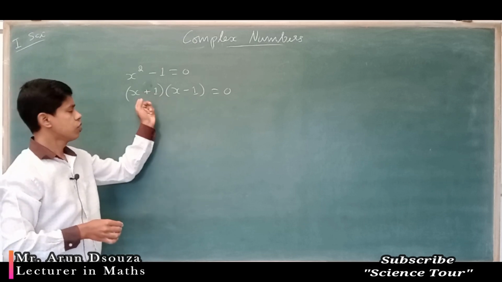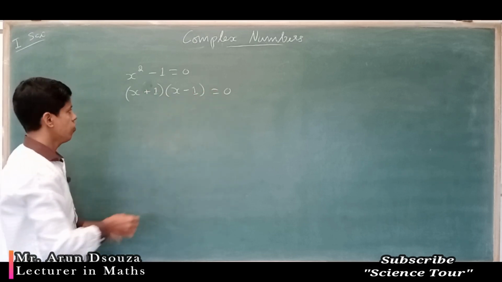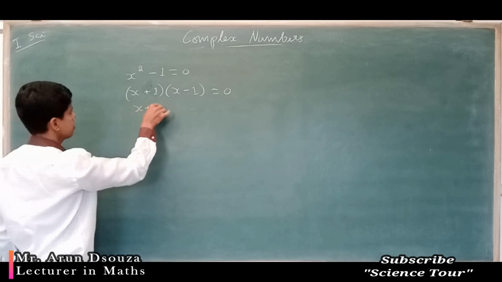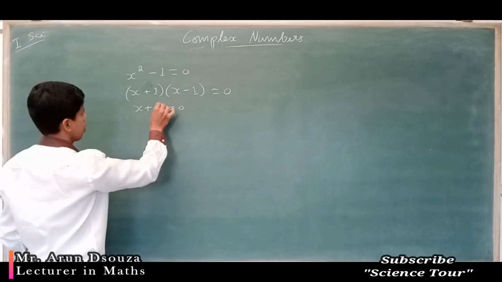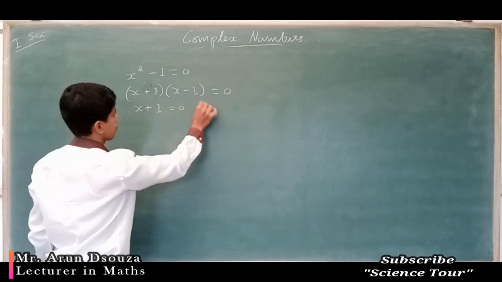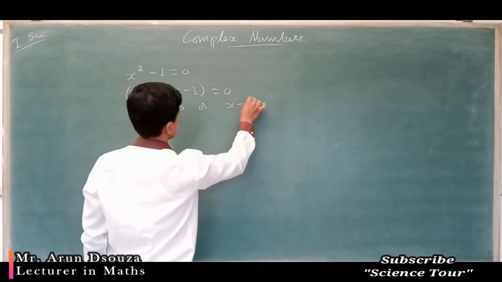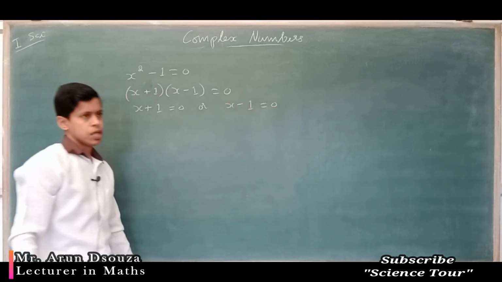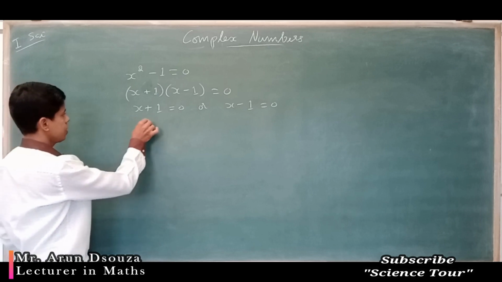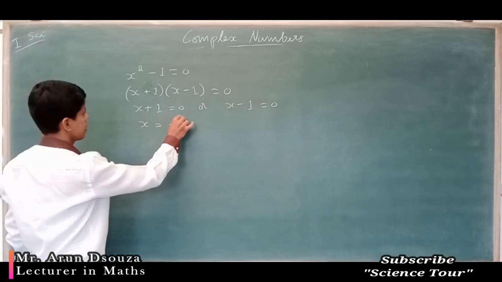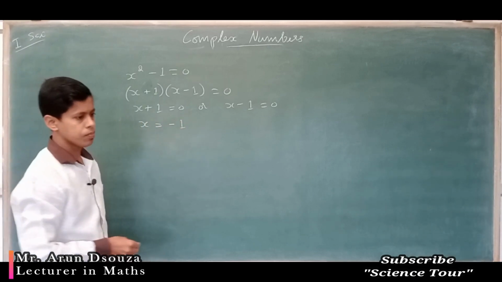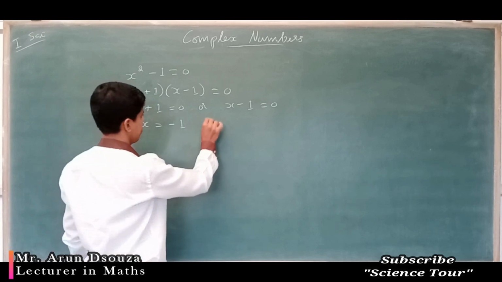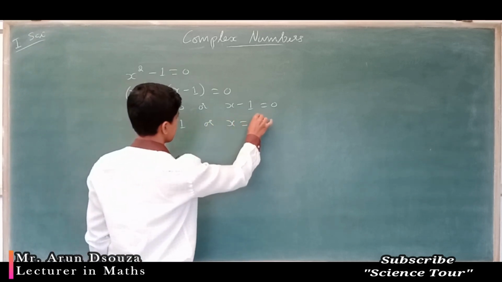Now the product of two factors is 0, therefore either the first factor must be 0 or the second factor must be 0, right? Therefore as we continue, we get x is equal to minus 1 and x is equal to plus 1.